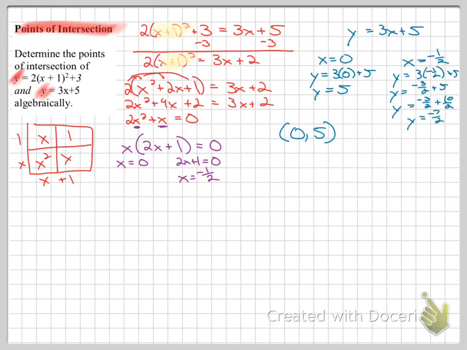So then my other point is negative 1/2, comma, negative 7/2. Or you could use decimals. The answer needs to be written as 2 points. A parabola and a line cross at 2 points. You are finding the points of intersection.